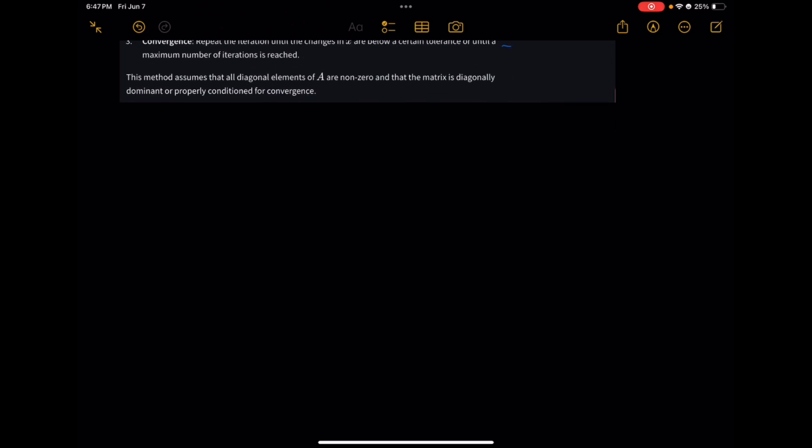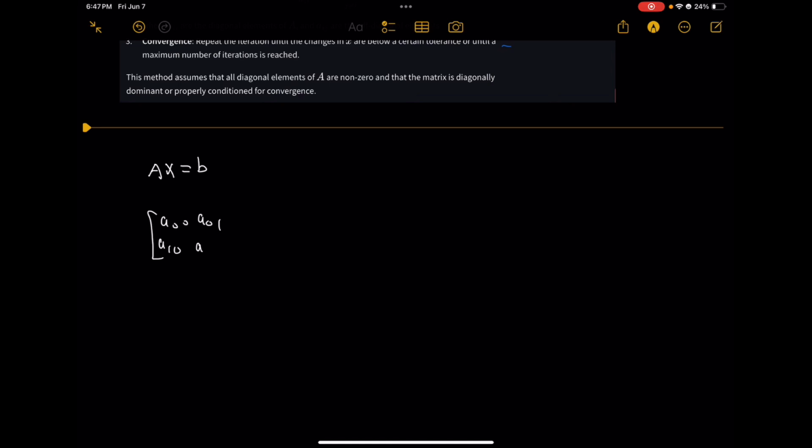So let's imagine we had some matrix A, multiplied by some vector x, and we wanted to know B, which is a vector. That would look something like this: A0,0, A0,1, A1,0, A1,1, multiplied with x1 and x2, and that would equal B1, B2.